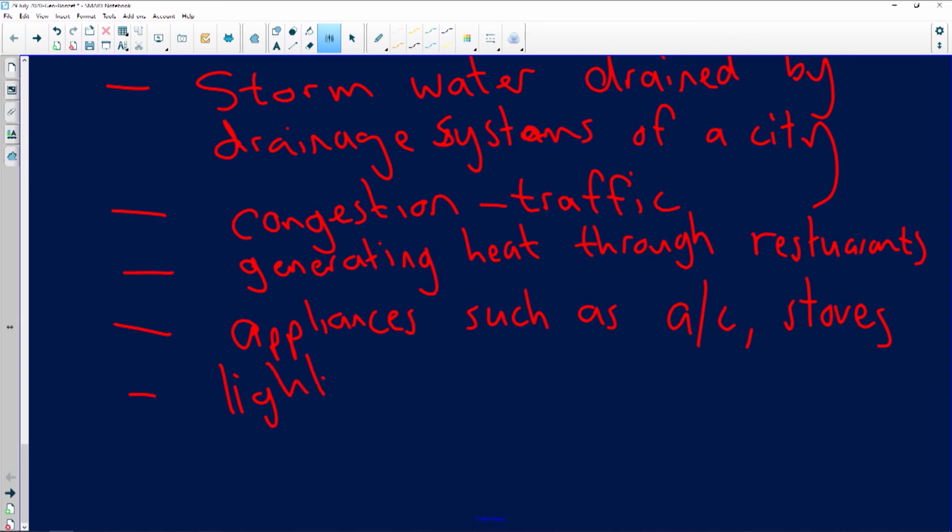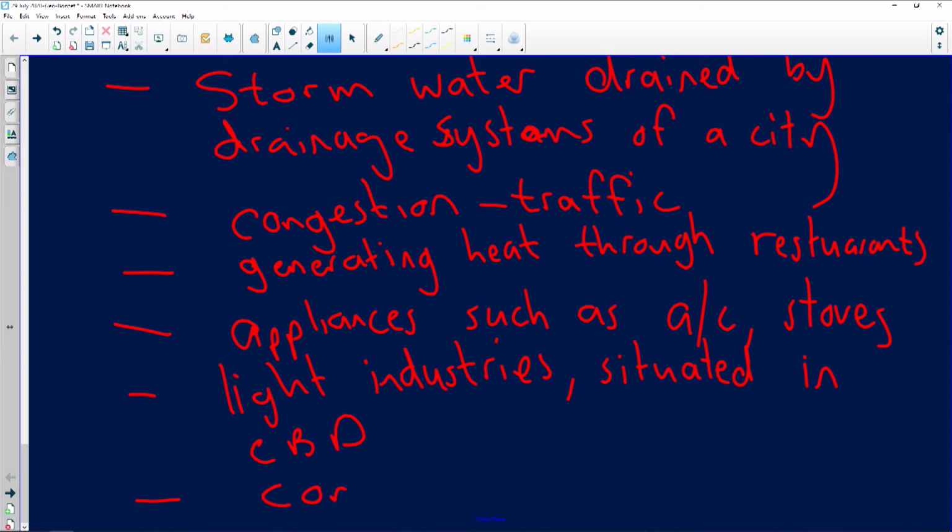These light industries are situated in the CBDs. And lastly, what we can say is construction activities also create a lot of heat.